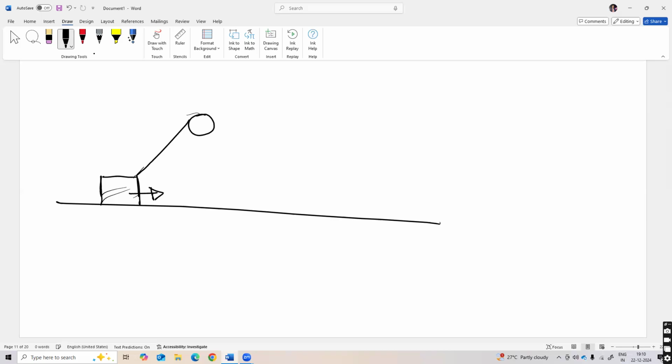So let's say there is a pulley which is attached to two different objects with the help of a rope.